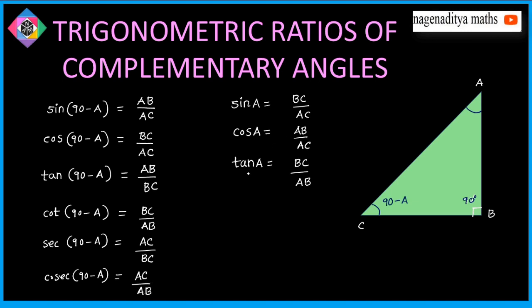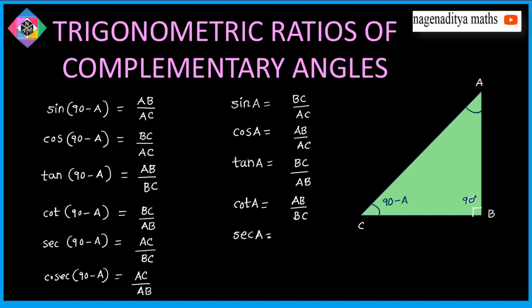Similarly, here we have found tan A and we have to find cot A. What about cot A? So cot A is equal to adjacent side to angle A by opposite side to angle A. So that is AB by BC. Okay. And what about secant of A?